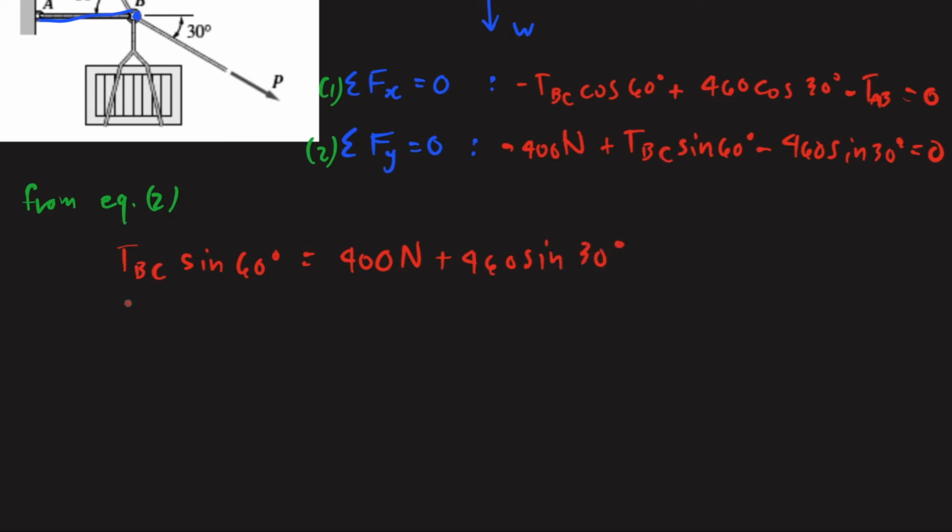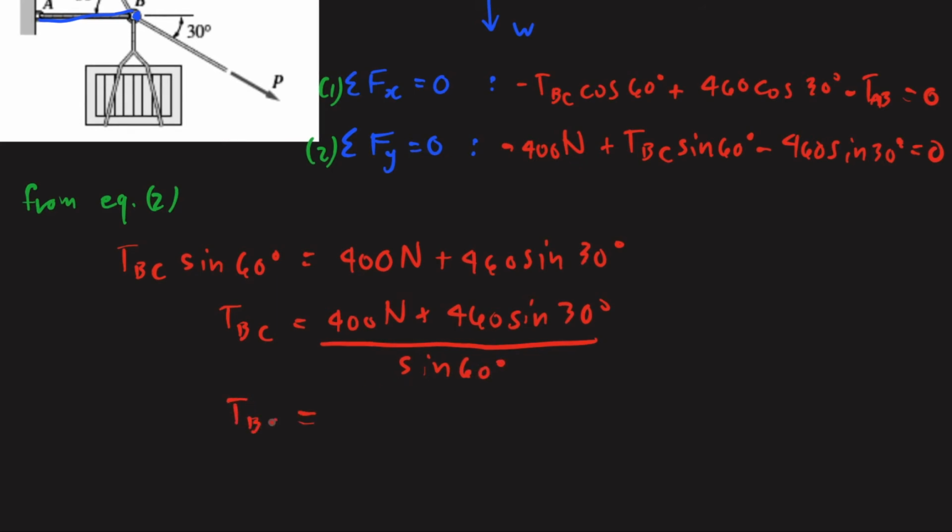And then for us to isolate TBC here, TBC is equal to 400 newtons plus 460 sine 30 degrees all over sine 60 degrees. TBC is equal to 727.46 newtons. So this is TBC.